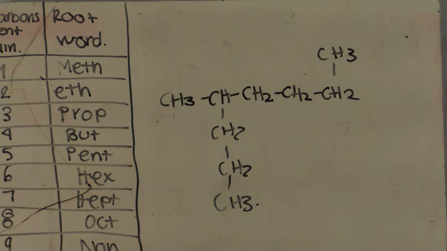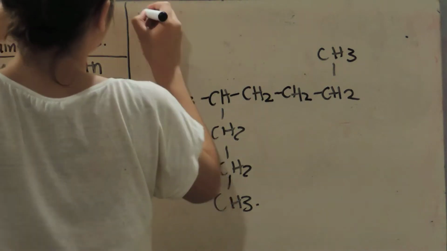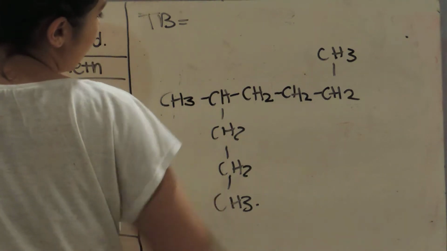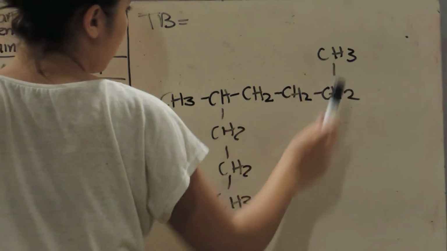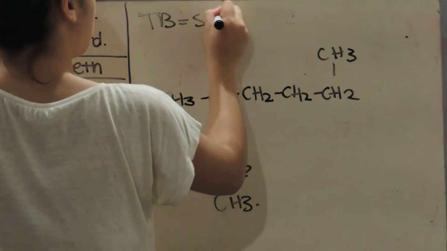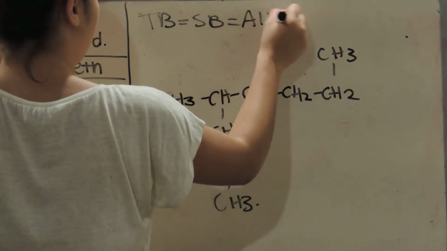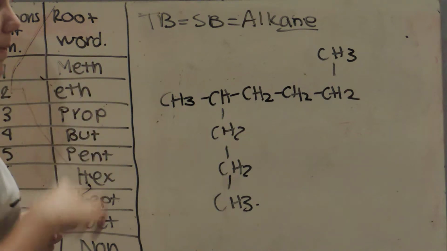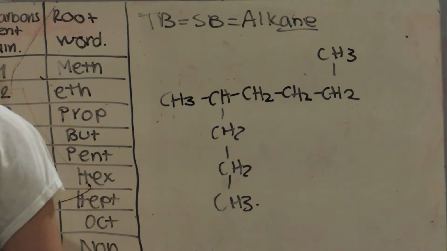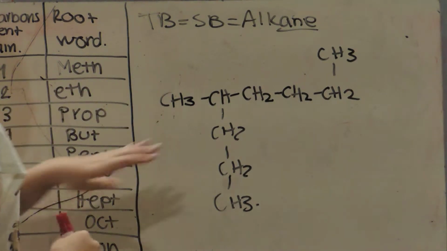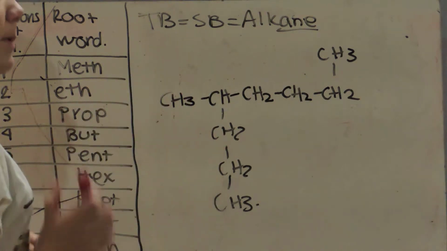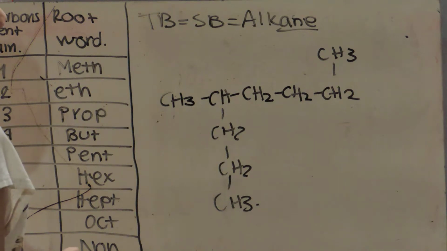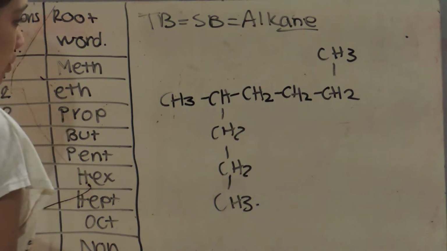The first thing that we need to identify is the type of bond that we are using. As you can see, they are single bonds. So, when we are talking about single bonds, it's an alkane. Okay. The second step is to identify the longest parent chain. As in the example before, we can have many chains in a structure.